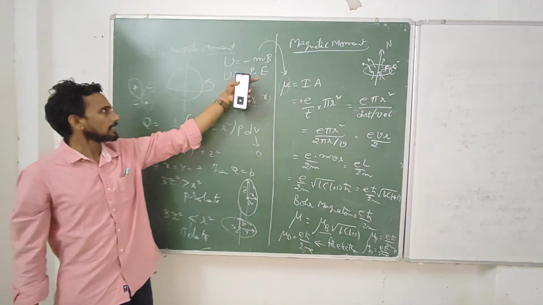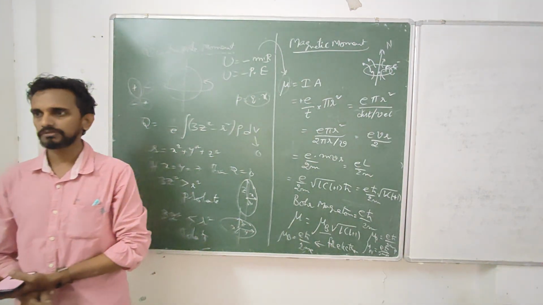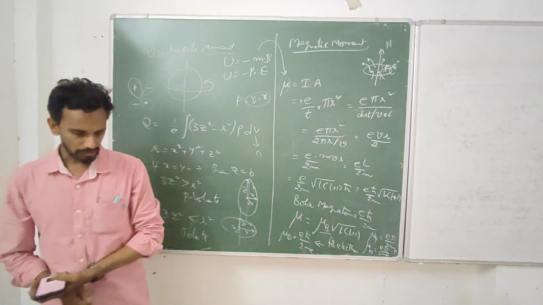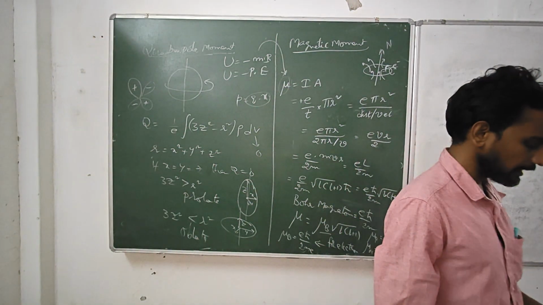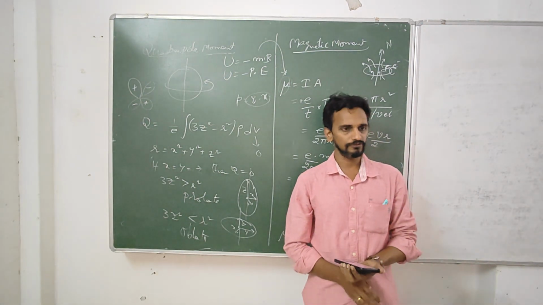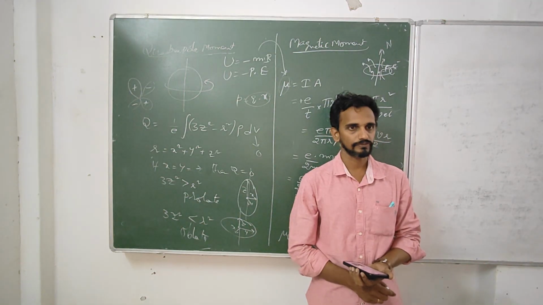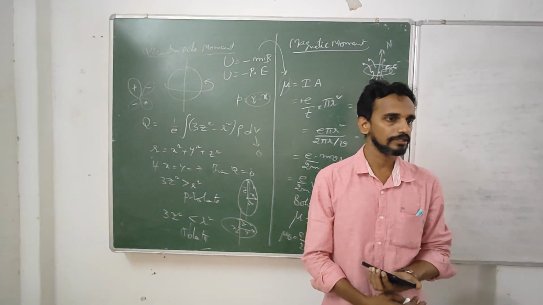In the same way, electric field multiplied by electric dipole moment gives you the energy. For any physical quantity, for any activity that we do in any field of physics, usually it will be linked with energy. Ultimately we have to look for conservation of energy in any physical activity.